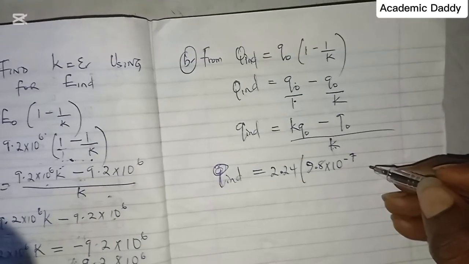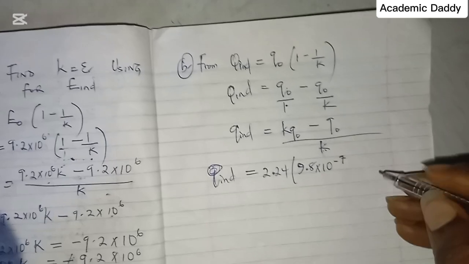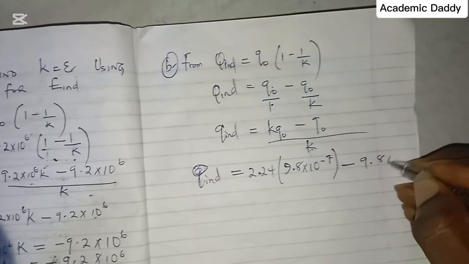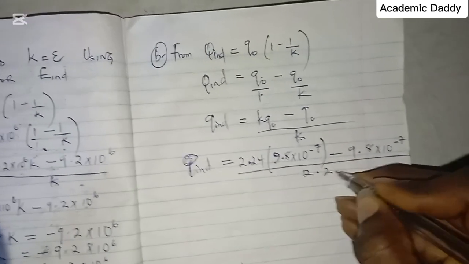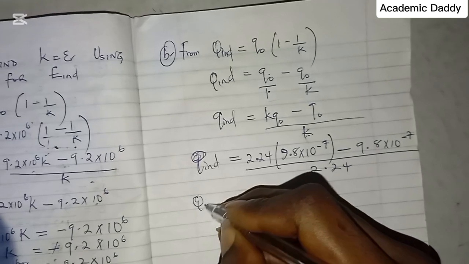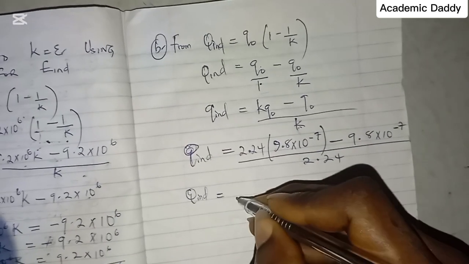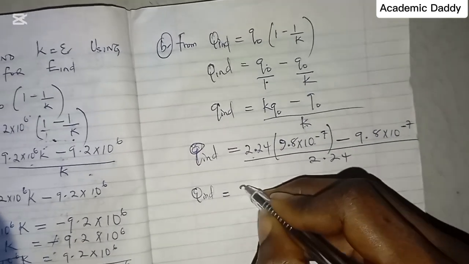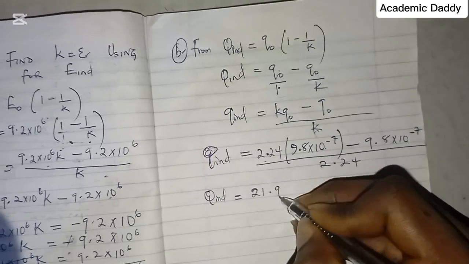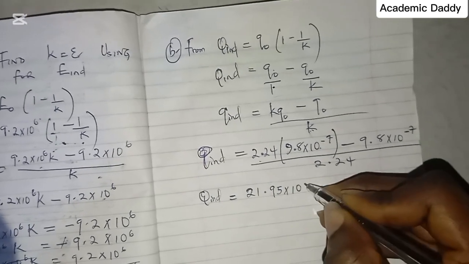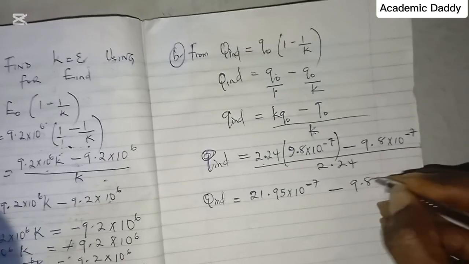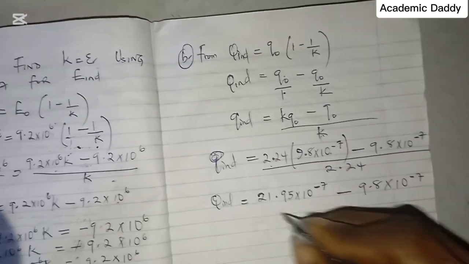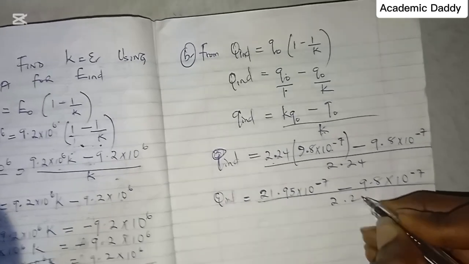That's what we were given when we started. So minus 9.8 times 10 raised to the power minus 7 all over 2.24. That is K. So that Q induced will be equals to, if this times this, you get 21.95 times 10 raised to the power minus 7. Then minus 9.8 times 10 raised to the power minus 7 all over 2.24.